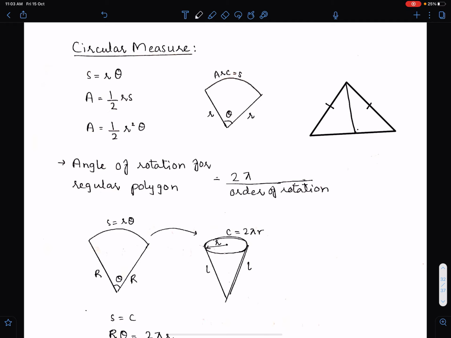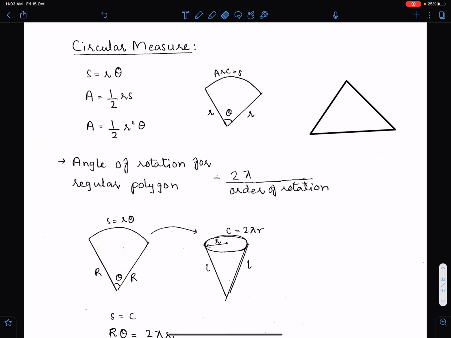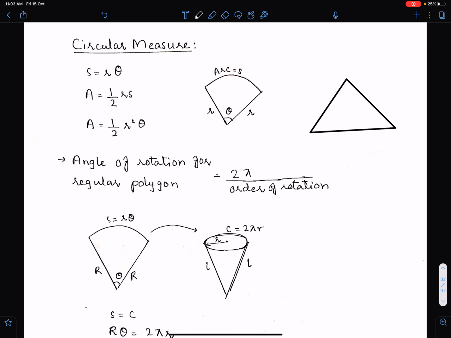So if we need the angle at center, let's suppose this is the center.